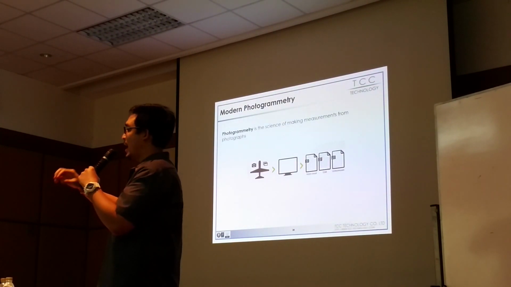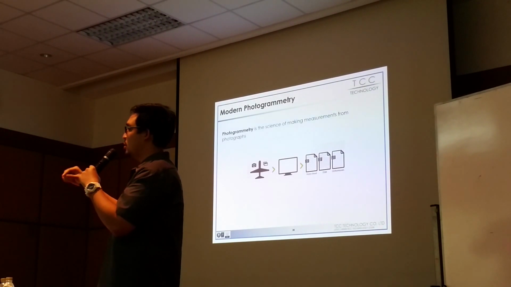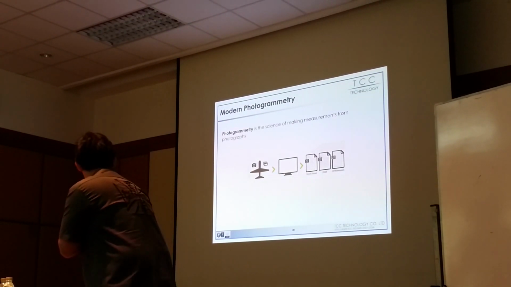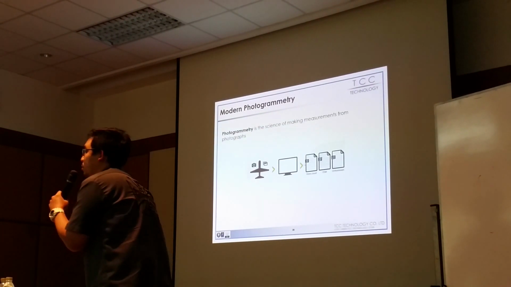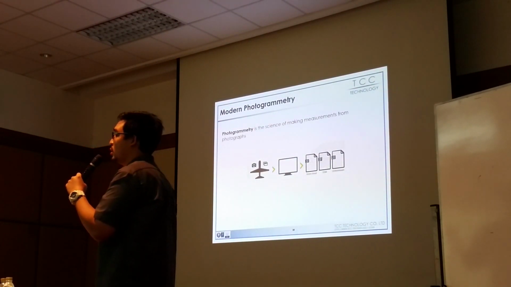So from that image, you can get very accurate positioning on the Earth, and this position includes X, Y, and Z, in 3 dimensions, all right. And from the data processing, you also get the point cloud. Are you familiar with this word, point cloud? No?